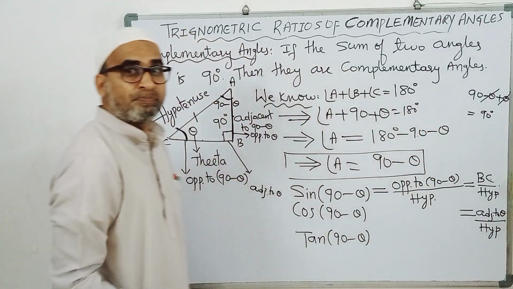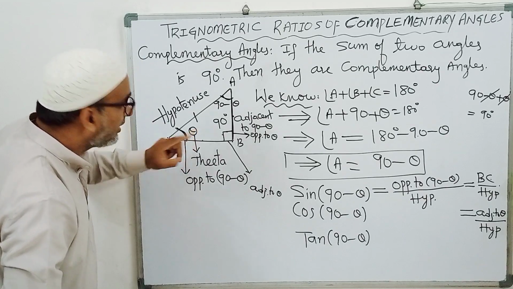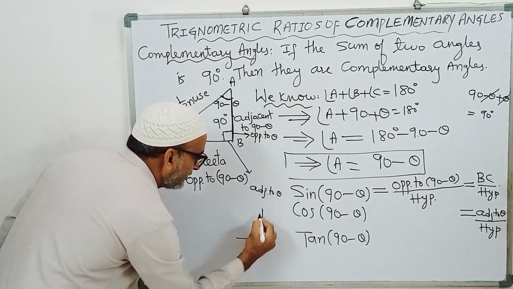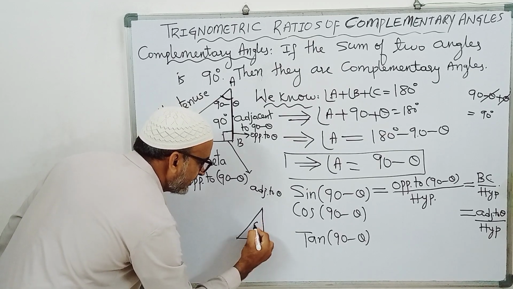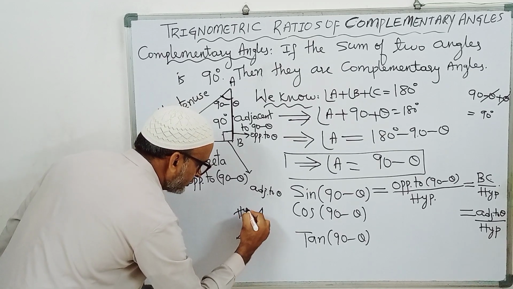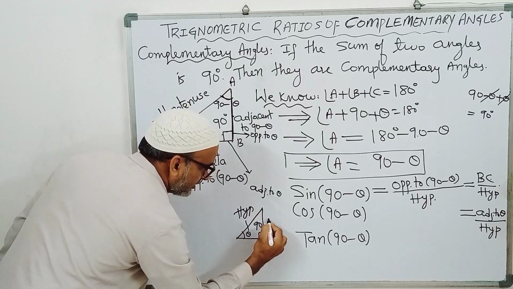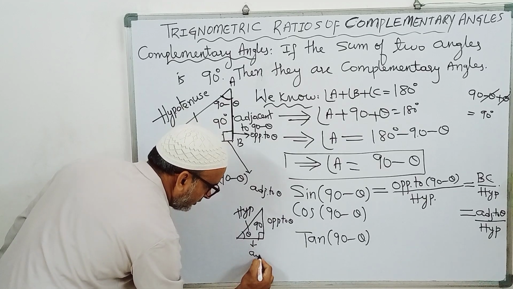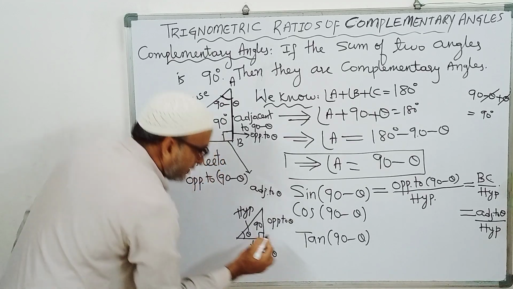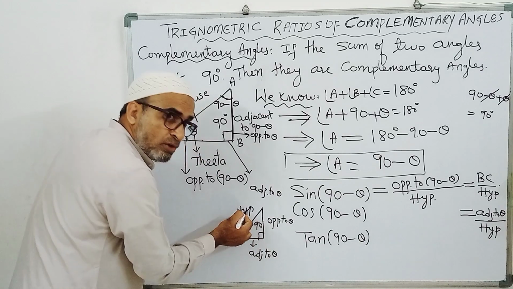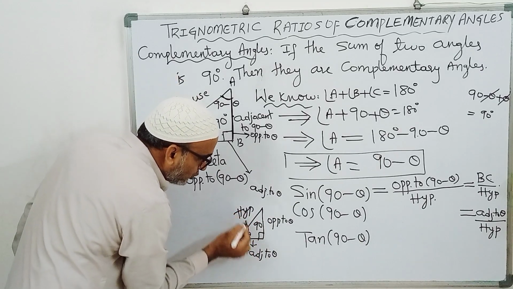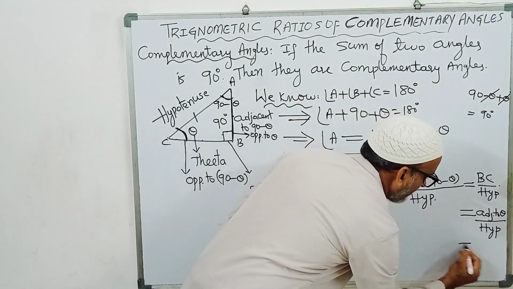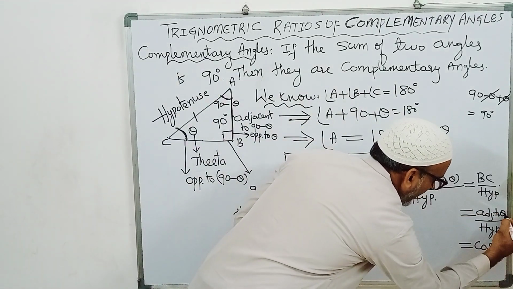But you know, in a right angle triangle, suppose this is 90 degrees, this is the hypotenuse, this is my theta, this is opposite to theta, this is adjacent to theta. Opposite to theta by hypotenuse is sin theta, and adjacent to theta by hypotenuse is cos theta, since my angle is here theta.